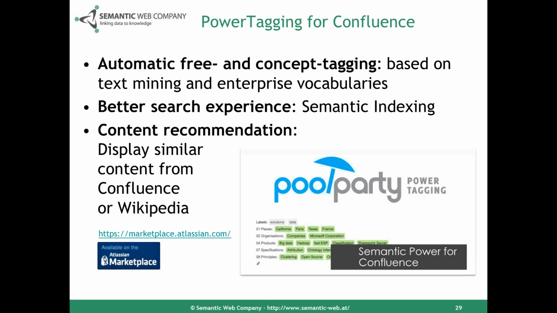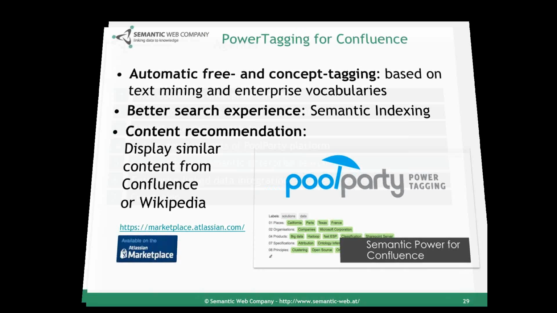And there's also content recommendation here. So you can display similar content from your Confluence installation or even from Wikipedia. So you write about a certain area and topic, and you store it on your Confluence server, and then the system will collect information from Wikipedia, which probably helps to broaden your context around this content. So that's the functionality of this Confluence plugin, which is available on the Atlassian Marketplace.